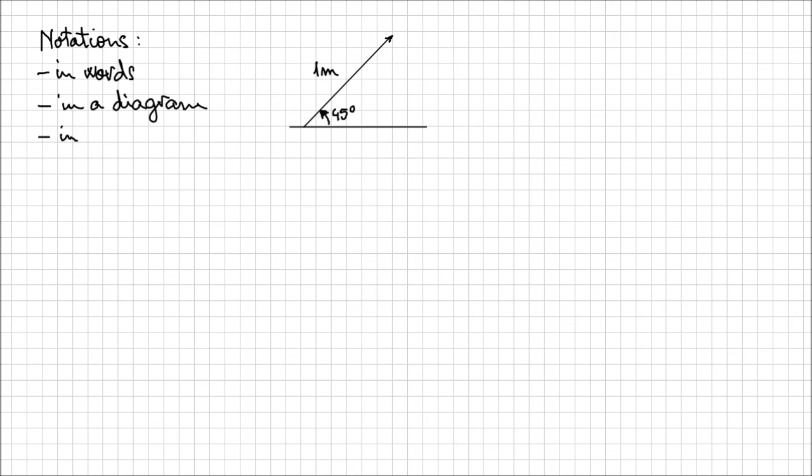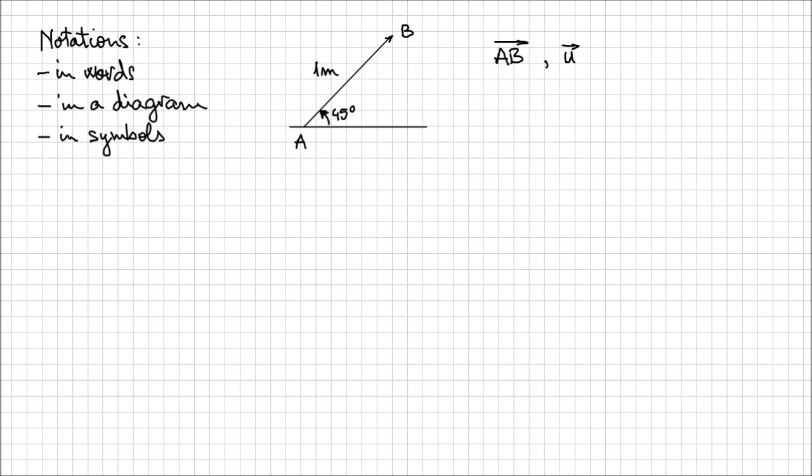And of course we want to express this in symbols. We can use the following symbols: AB with an arrow on top of it, or simply u, a small letter u, or any other letter for that matter. As usual, we use capital letters for describing vertices and small letters for describing sides or lengths.